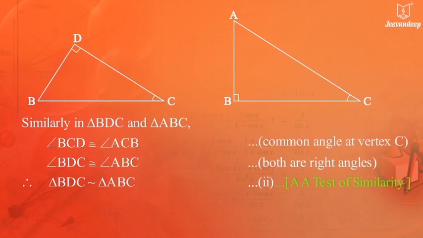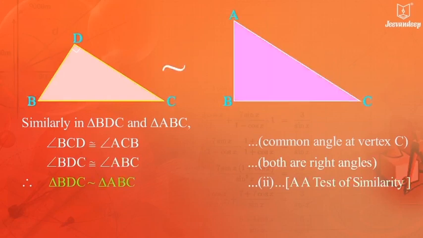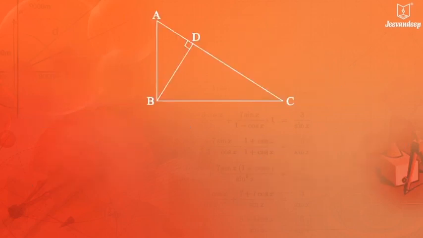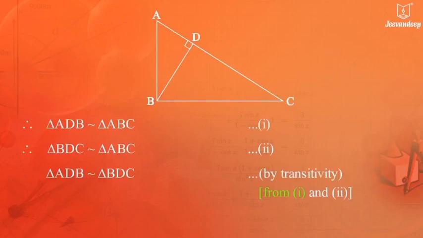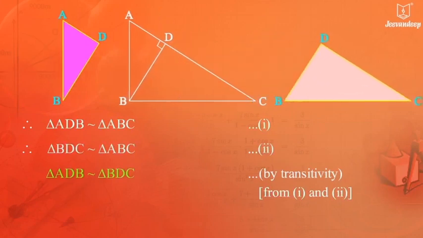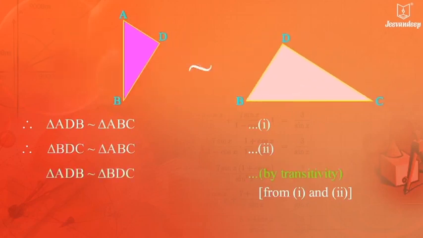Therefore, according to AA test of similarity, triangle BDC is similar to triangle ABC. Equation 2. From equations 1 and 2, we can conclude that triangle ADB is similar to triangle BDC by property of transitivity.